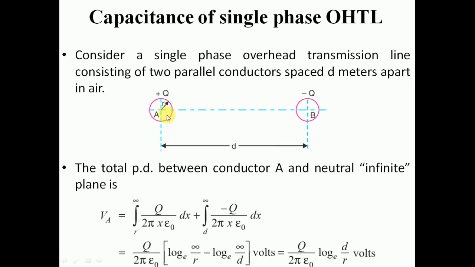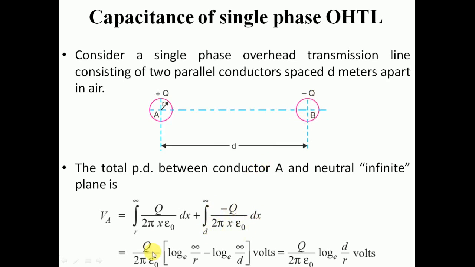Now we are going to find the potential at conductor A. There exists the potential due to its own charge and the potential due to the charge flowing through conductor B. So we can write the potential difference between conductor A and the infinite neutral plane as the integral from r to infinity of q by 2 pi epsilon 0 x dx plus the integral from d to infinity, due to the influence of the charge flowing through conductor B, which is minus q, of minus q by 2 pi epsilon 0 x dx.